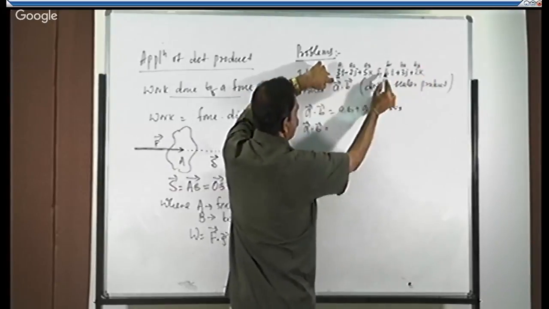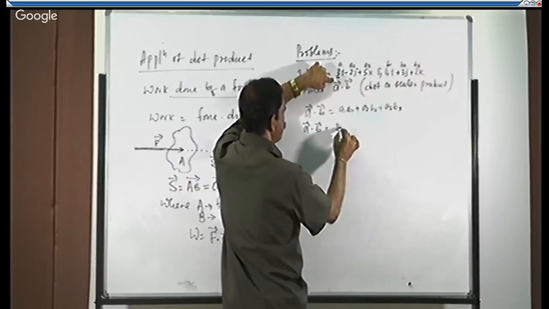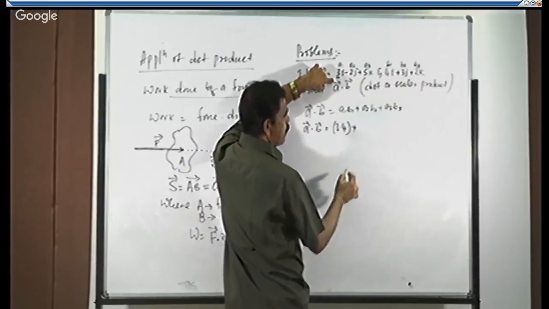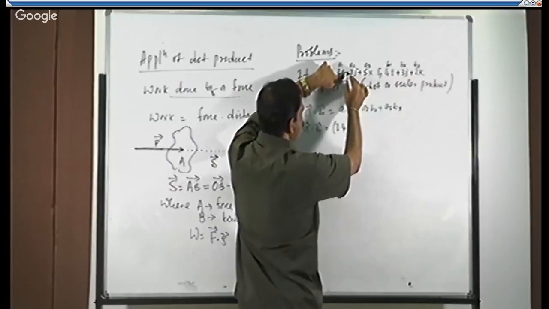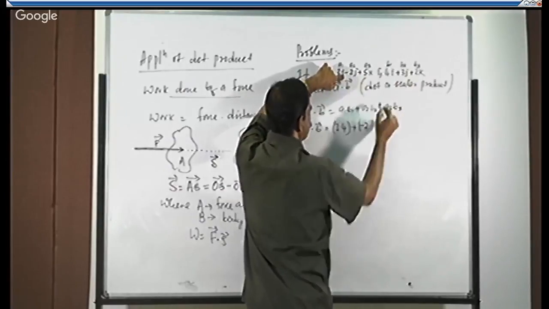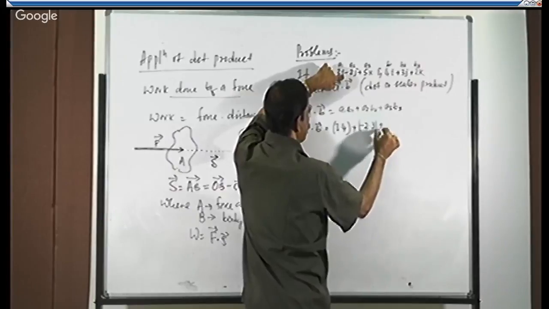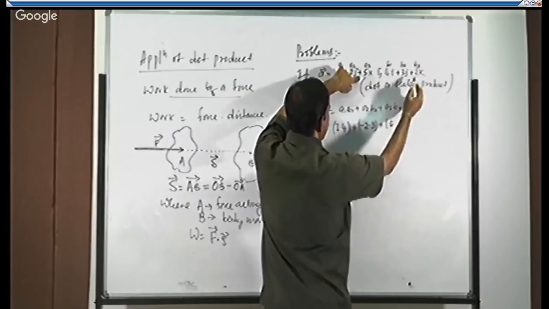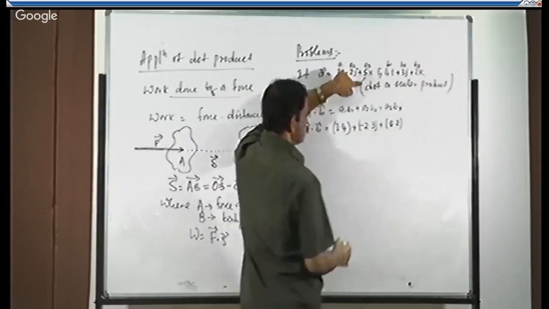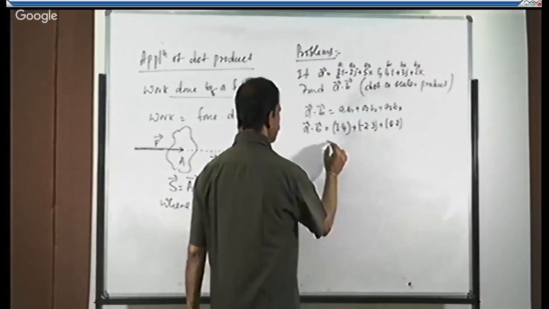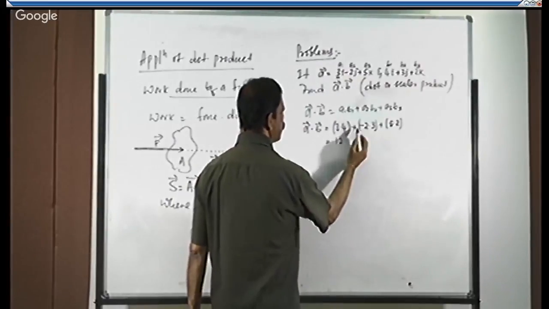So A1 is 3, B1 is 4, 3 into 4, put a bracket, plus A2, A2 is what? Minus 2 into B2, which is 3, plus A3, A3 is 5, B3 is 2. This is the simple way of getting A dot B. 4 into 3, 12.